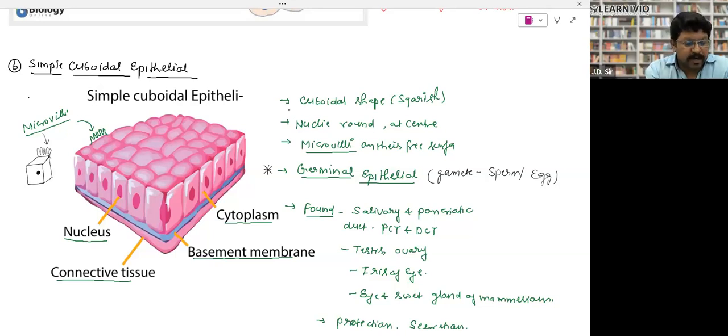Do not draw the complete diagram; you can draw that after the class, because right now you have to be quick.